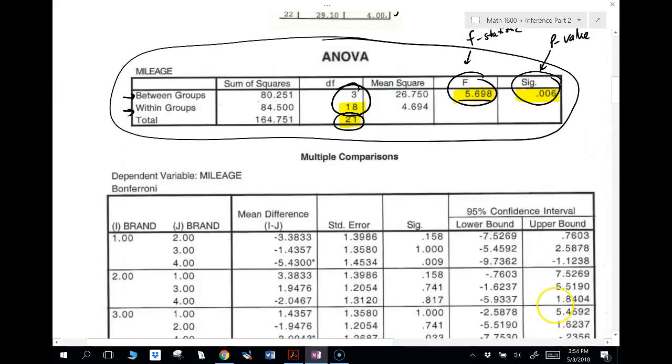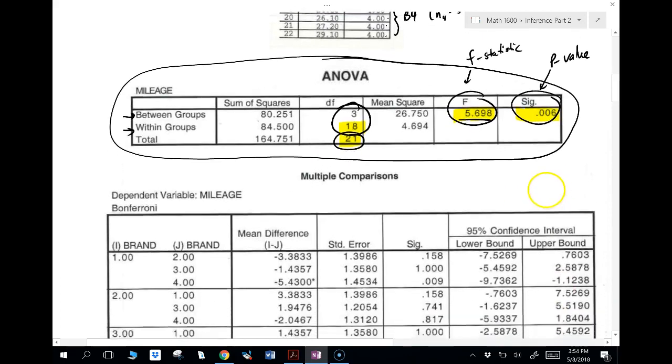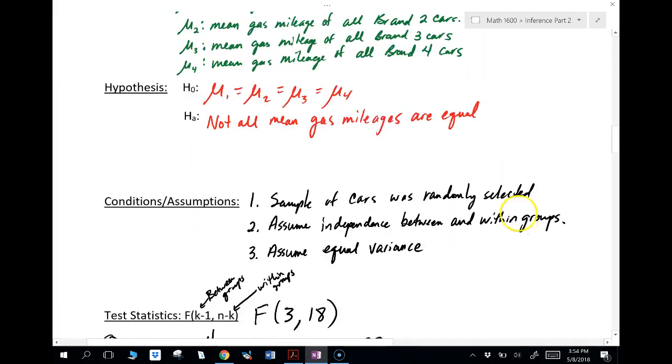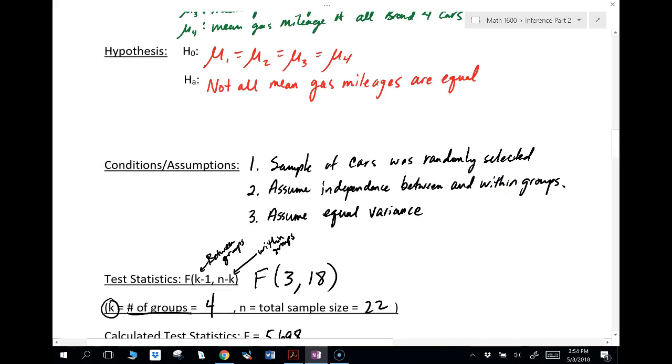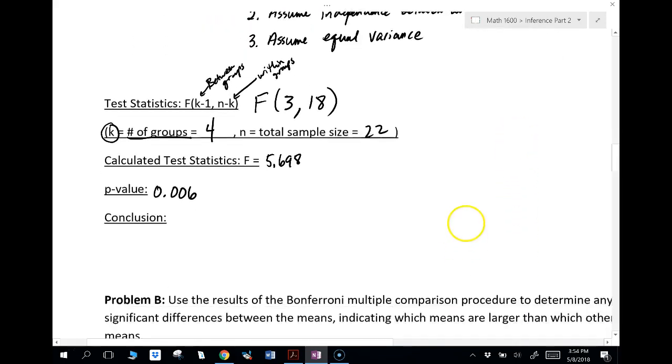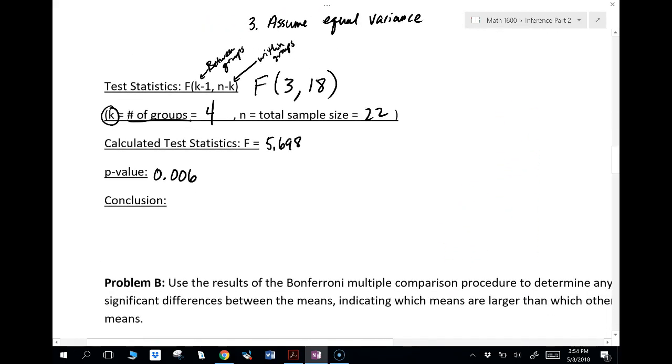Now, for ANOVA, notice here that we have not all mean gas mileages are equal. So we're not going to have a one-tailed or two-tailed test. So we don't have to worry about dividing the sig by 2. We just have to keep the sig alone. Okay, now what do we do?